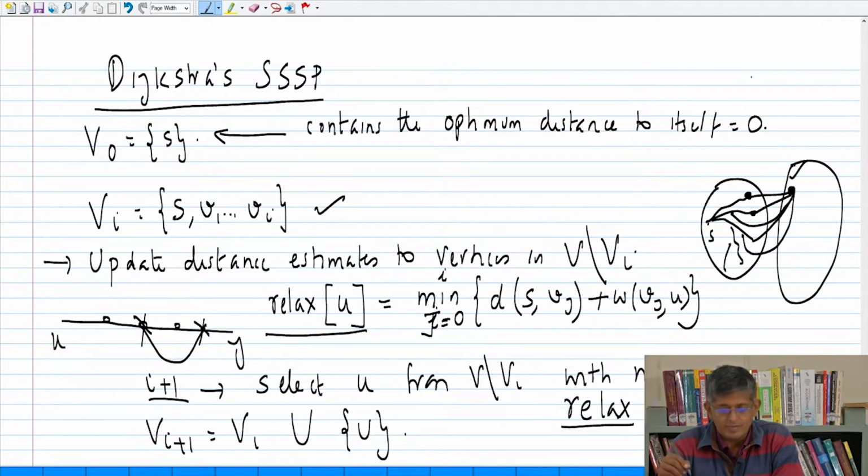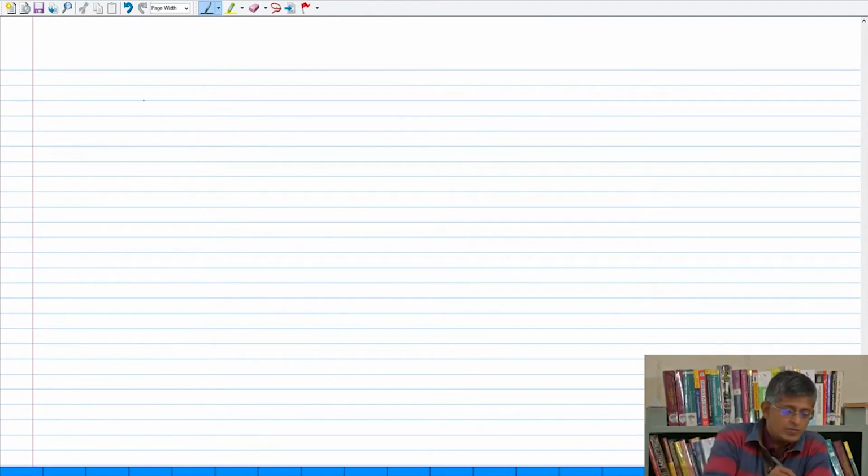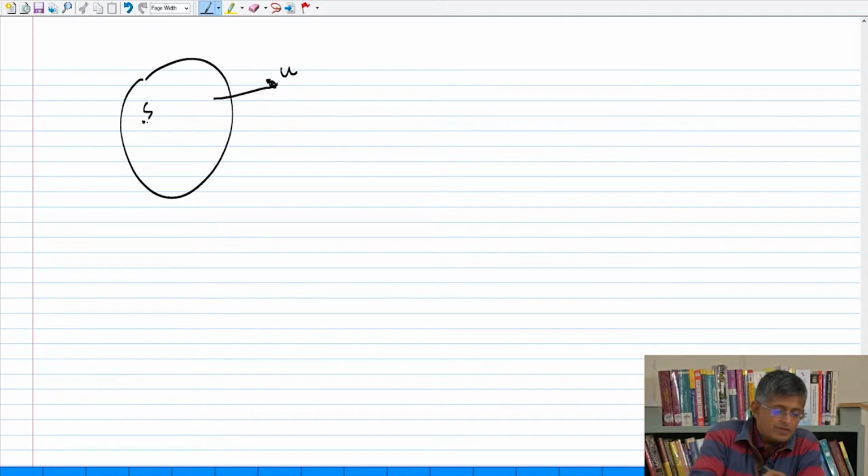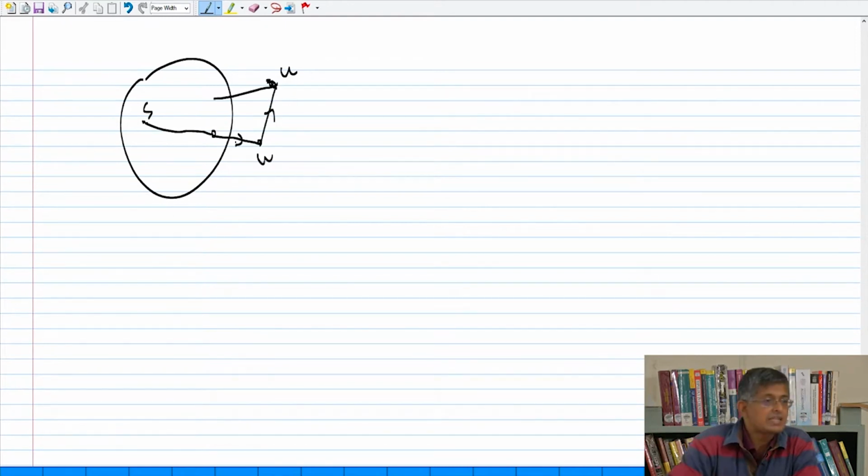Fine. If you ask, is it possible that there is a path of length 2? Let's complete the argument. Starting from S, with one hop, U is the closest. If somebody says, no, going through one edge is not the cheapest, if I take this one edge path to maybe W, and then I take one edge from W to U, this is actually cheaper. If somebody says that, what is your counter argument?